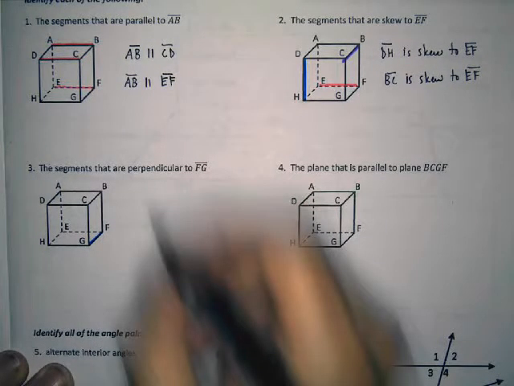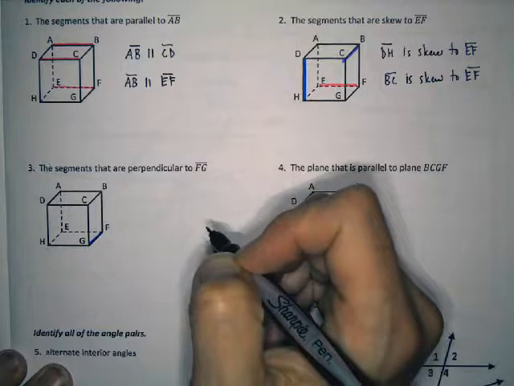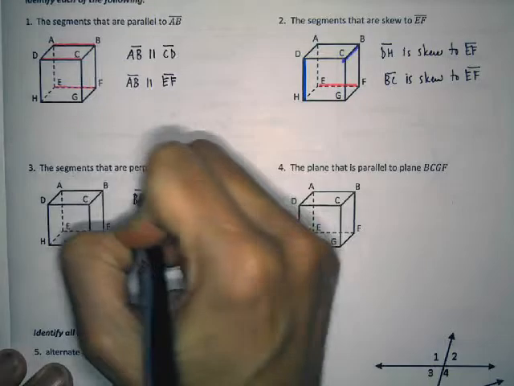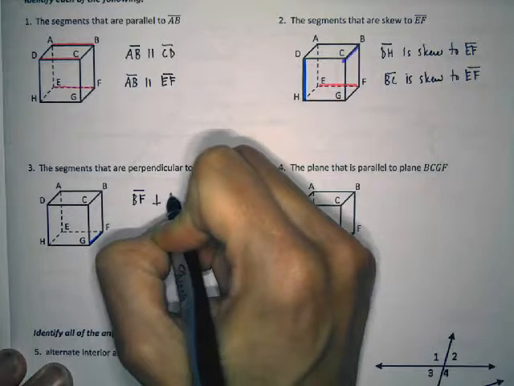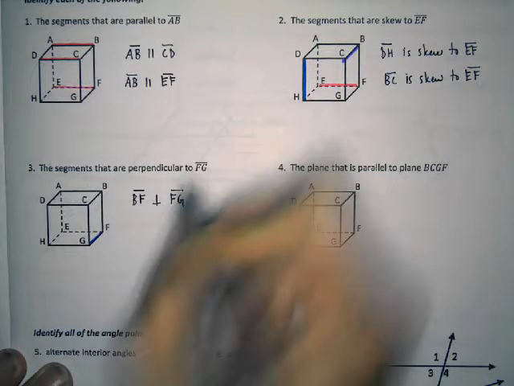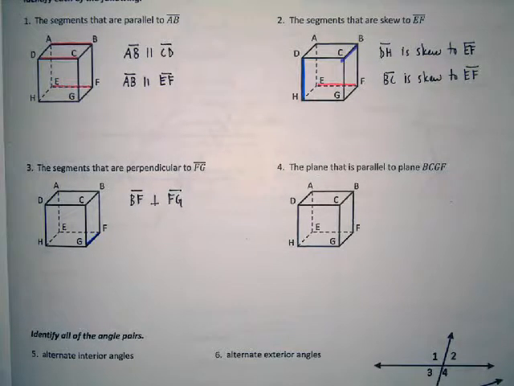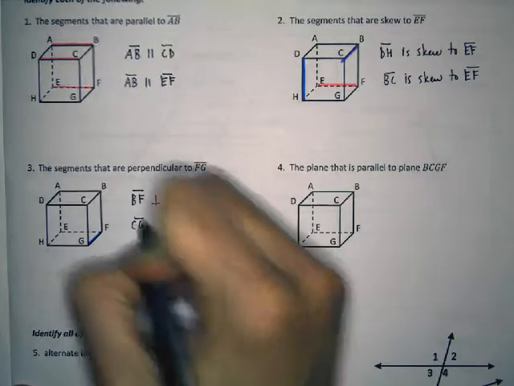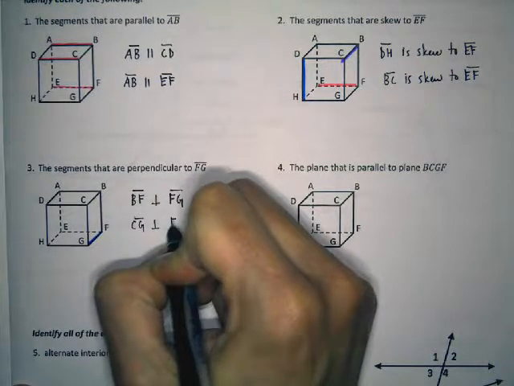Those are going to be perpendicular. So I know that segment BF is perpendicular to FG. Again, using my symbol for perpendicular. I could use segment CG would also be perpendicular to FG.